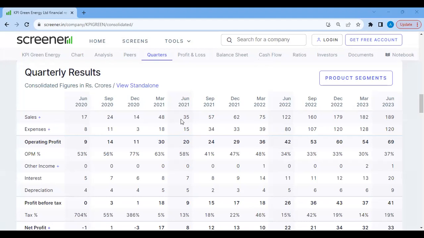So when you subtract expenses from sales, you get the profit of a company. This is effectively the salary of any company, right? Like you and I make money and we make salaries, the operating profit of a company is the salary of that company. Now, from operating profit, the company must pay the interest on any debt that the company has taken.